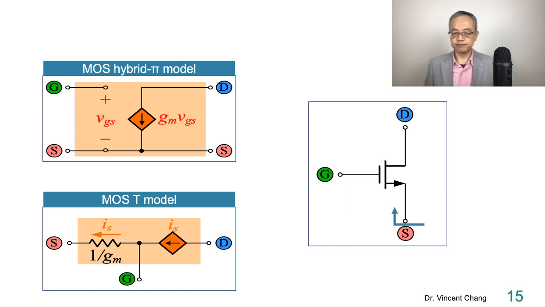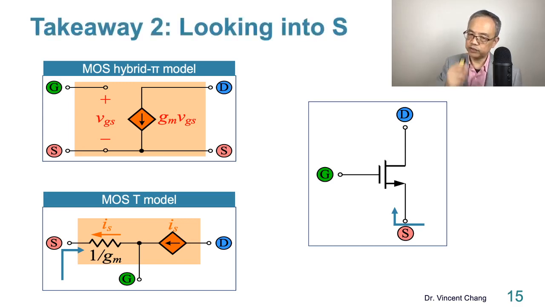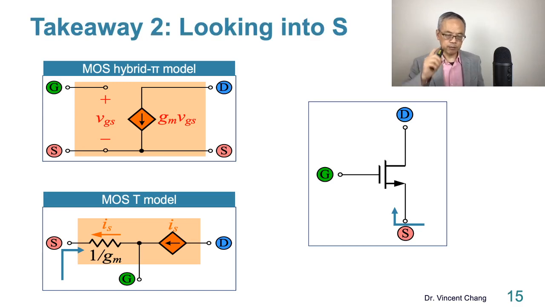Let me ask you, what's the resistance between gate and source, yet looking into the source? The answer is 1 over GM. You get it? This is the key message. Before you move on to the next lecture, make sure you remember this. It's very, very important.